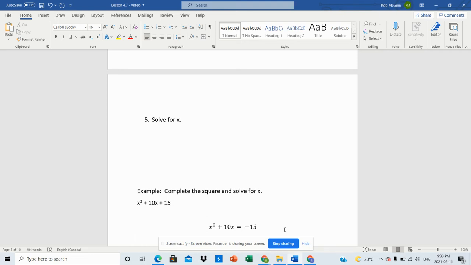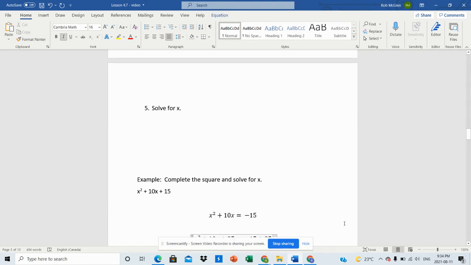Now, what I'm going to do is complete this square here. So I want to find that third term that's going to make my left-hand side a perfect trinomial square. And in this case, we already figured that out above. We figured out that it would have to be 25 to make it a complete square.